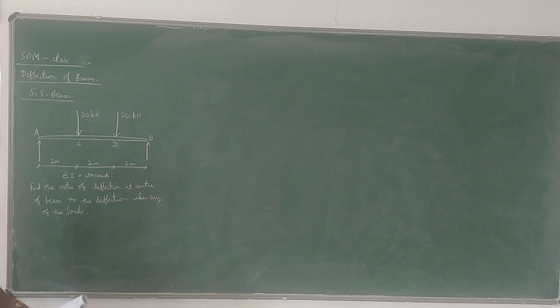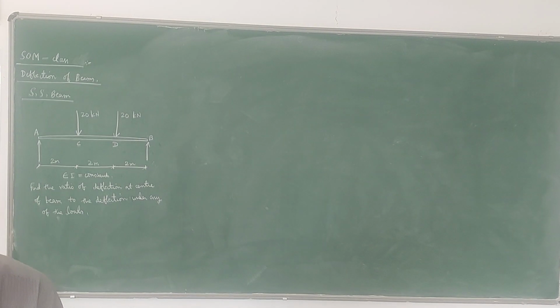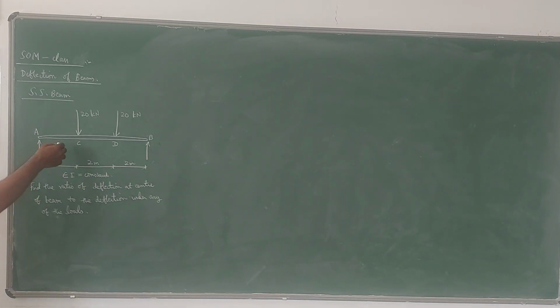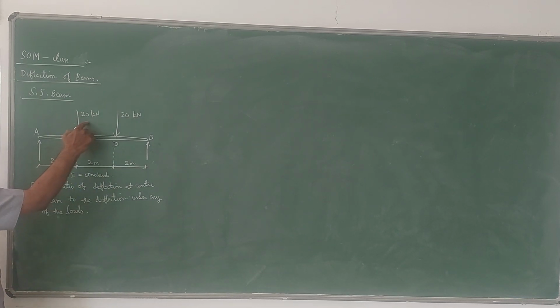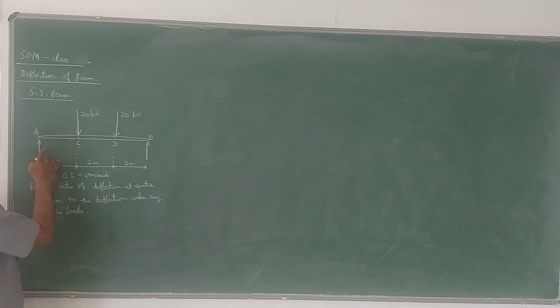So here you can see that he has given a simply supported beam carrying two concentrated loads. If you observe the loading, you can see that it is symmetrically loaded. So this is also 20, this is also 20 kN. They are acting at equal distances from the support, so the given beam is completely symmetrical.